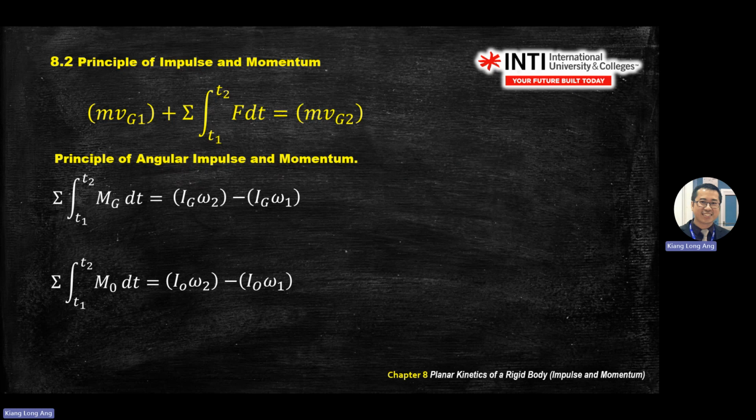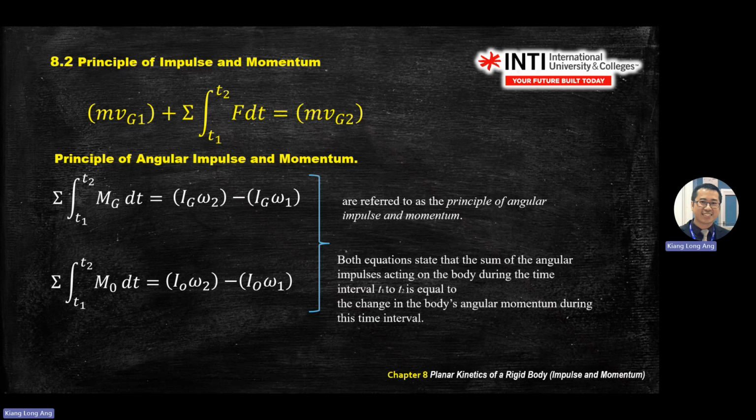The one on top is for when you focus on the center of gravity or center of mass, G. If the question asks for a point other than the center of mass, then you need to use IO, meaning IO equals Ig plus md squared, or mr squared, as long as there's a distance. Either of these is referred to as angular impulse because you involve omega already.